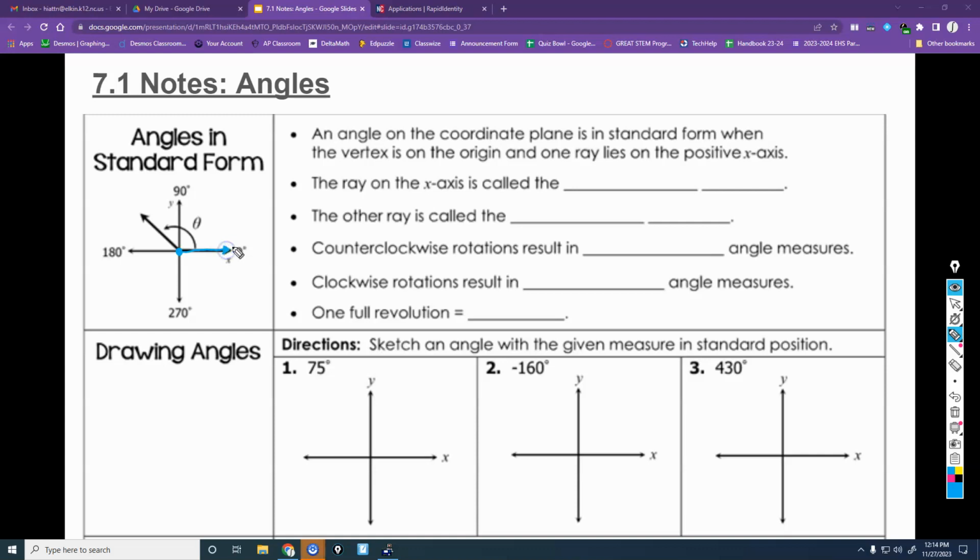This ray right here is called the initial ray. So this ray right here, the one that's on the positive x-axis, that's the initial ray.